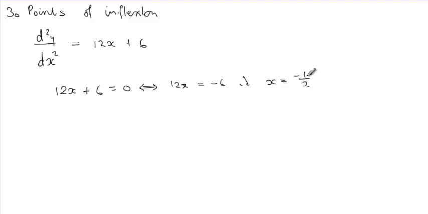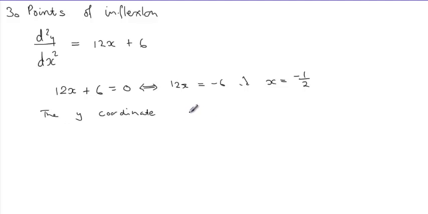Now, that is the x coordinate of the point of inflection. Then, the y coordinate. Who can tell me what I am going to use to get the y coordinate? The original function.